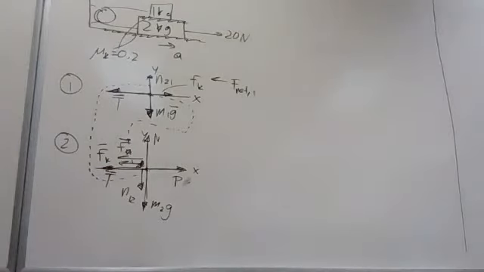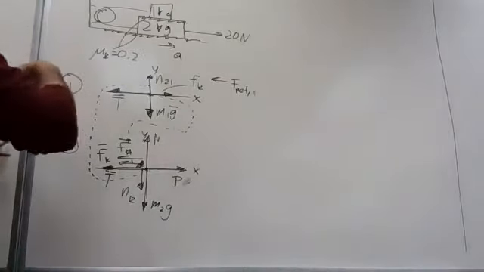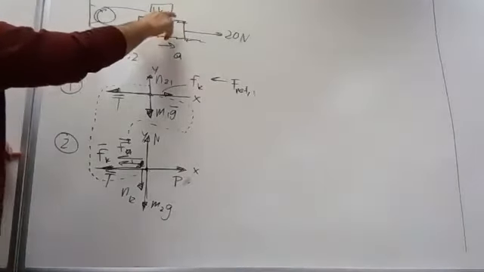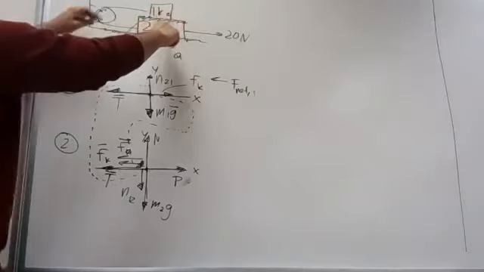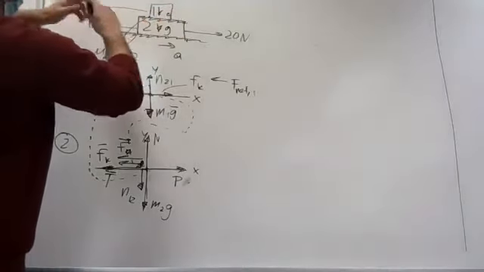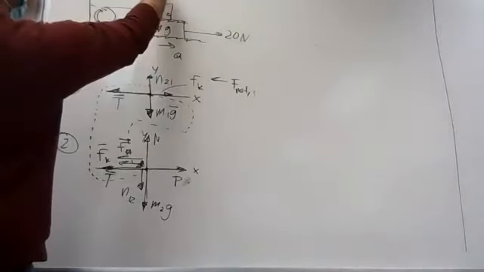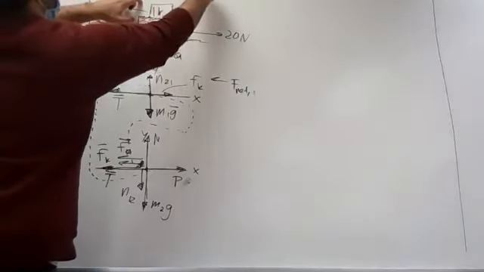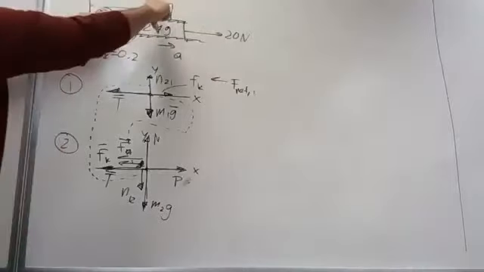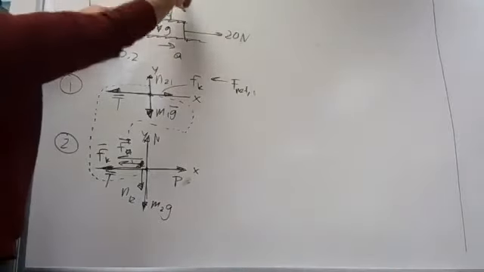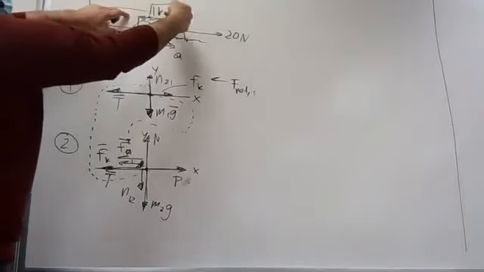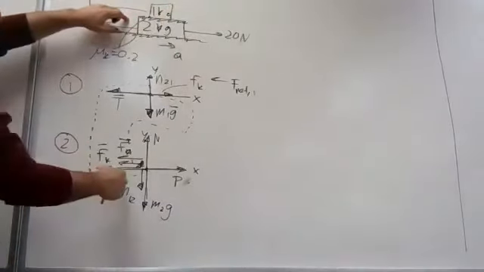Question. If there's a friction on the top one and it's going to the right, wouldn't that also have the same friction on the bottom one? Okay, so the question was if the friction's on the right, should it be the same for the bottom one? So this one's obviously moving that way, so this one has a backwards friction force. Newton's third law requires that if block 2 is pushing backwards on 1, then block 1 has to be pushing forward on 2.